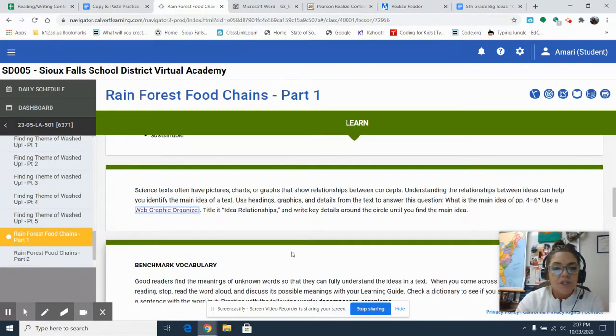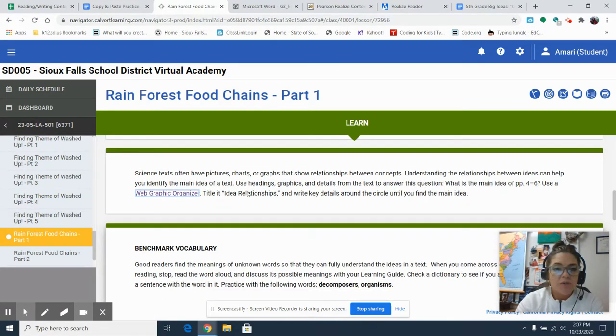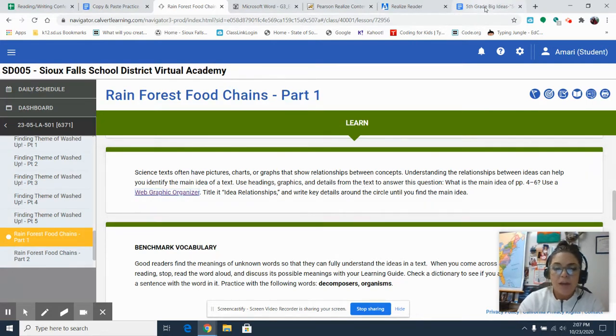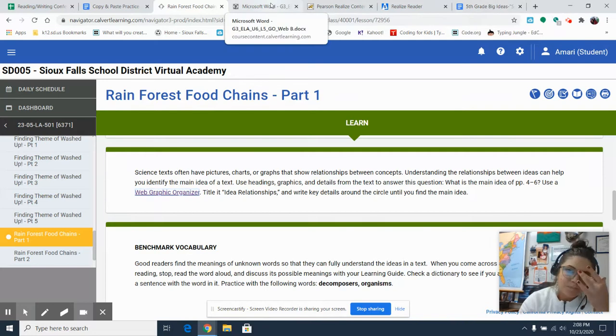This next section is finding the main idea using a web graphic organizer. Science books often have pictures, charts, or graphs that help you understand concepts they want you to learn. Those are informational text features. And they can help you understand what the main idea is of whatever it is you're reading.